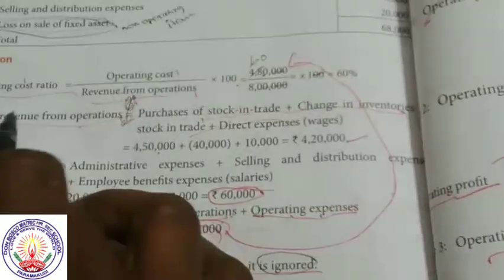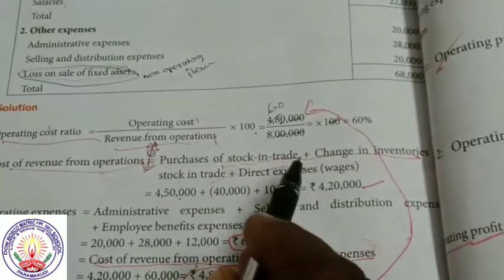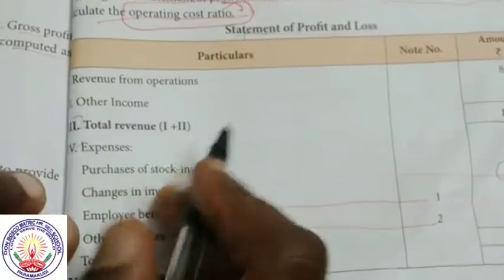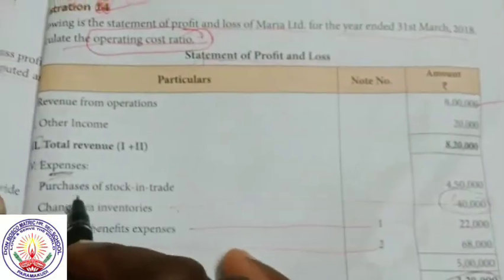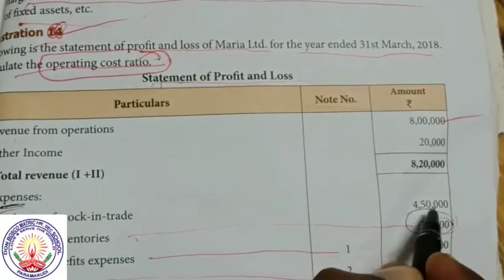Okay, now the cost of revenue from operations. How many rupees of stock in trade were purchased for the year? If you see the question, on the expense side, the purchase of stock in trade is 4,50,000.